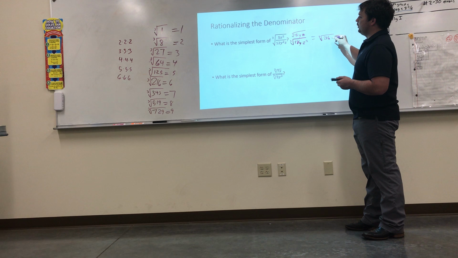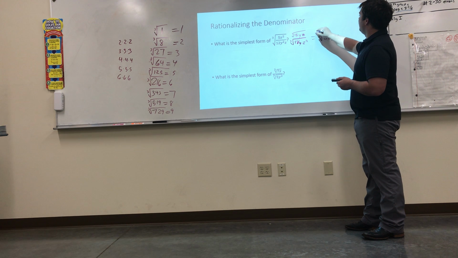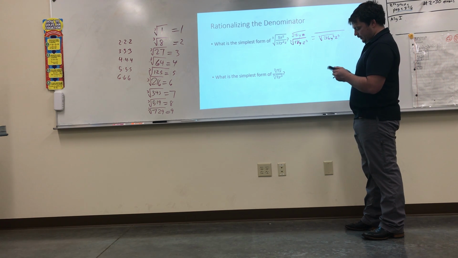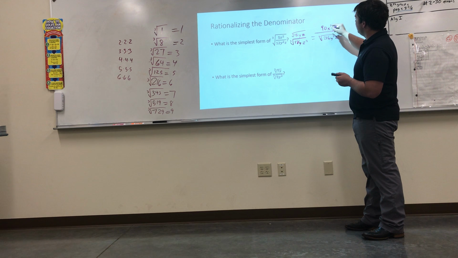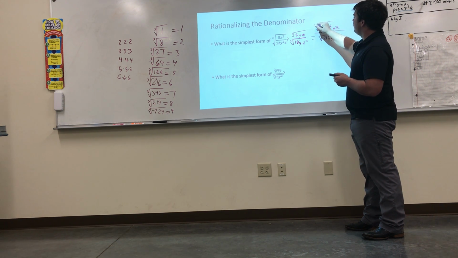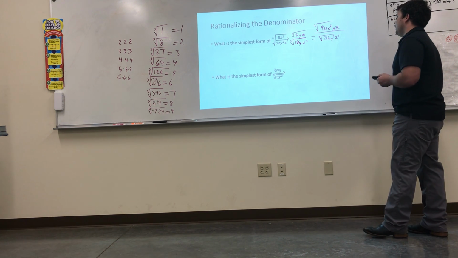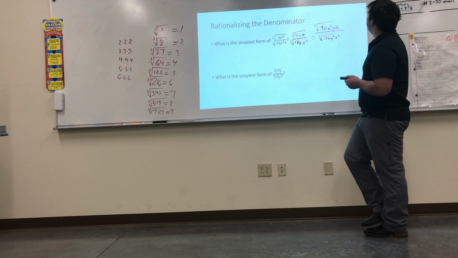Cube root of 216. You're going to get y to the third, z to the third. And up top, you're going to get 5 times 18, which is 90. X to the second, y, z to the third root, or the cubic root.